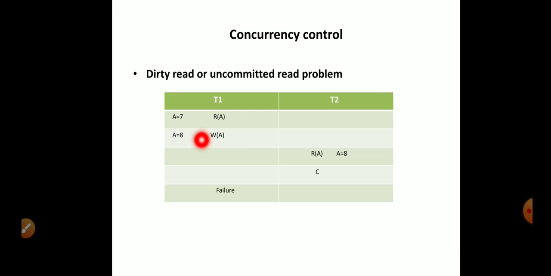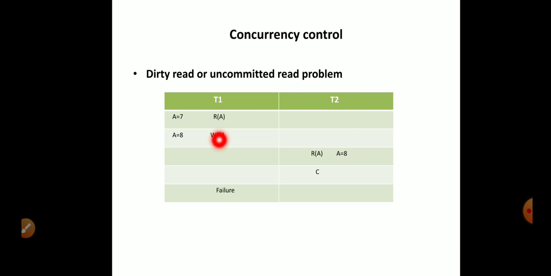It makes some changes and increments the value of A to 8. After some time transaction T2 reads the value of A as 8, and then it commits. That is, it updates the value permanently to the database as A equal to 8.